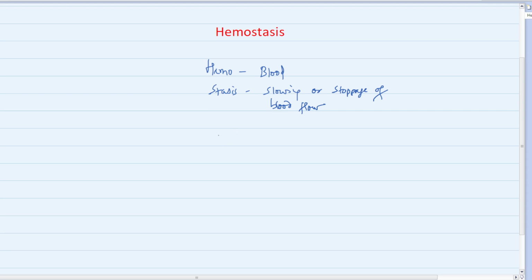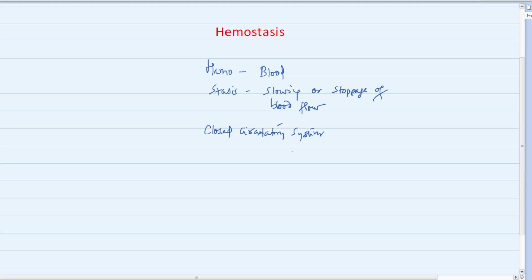Okay. So organisms, humans, we have got a closed circulatory system, meaning the entire blood is contained within a network of blood vessels and it kind of flows around.